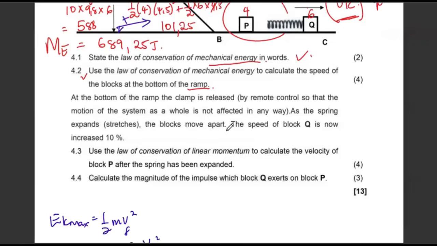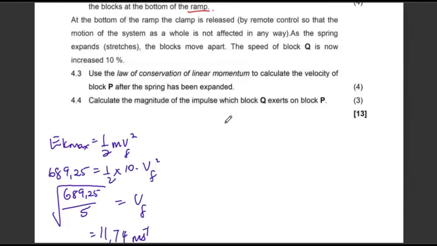That is how we would have answered 4.2. Then they're telling us that at the bottom of the ramp, the clamp is released by a remote control so that the motion of the system as a whole is not affected in any way. As the spring expands, the blocks move apart. The speed of block Q is now increased by 10%.